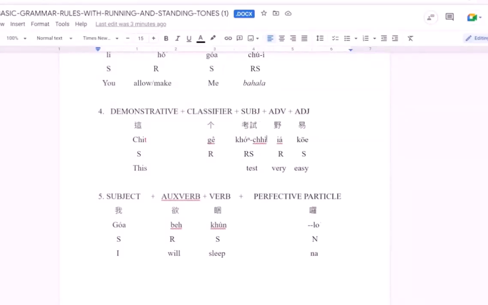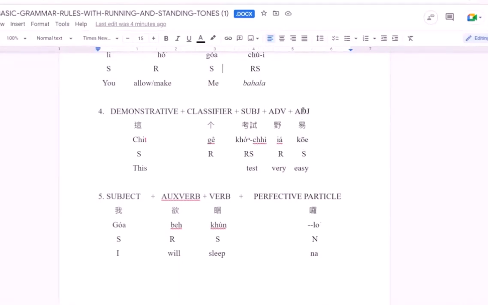The ko in kochi, which is a noun as itself. So even though a noun isn't inherently gonna be running tone in any part of the sentence, the fact that it's a compound noun shows that any syllable before the final syllable of the compound noun will be affected by running tone. So ko instead of ko, it'll become ko chi, ko chi. And then since this is an adverb, it will become a running tone.